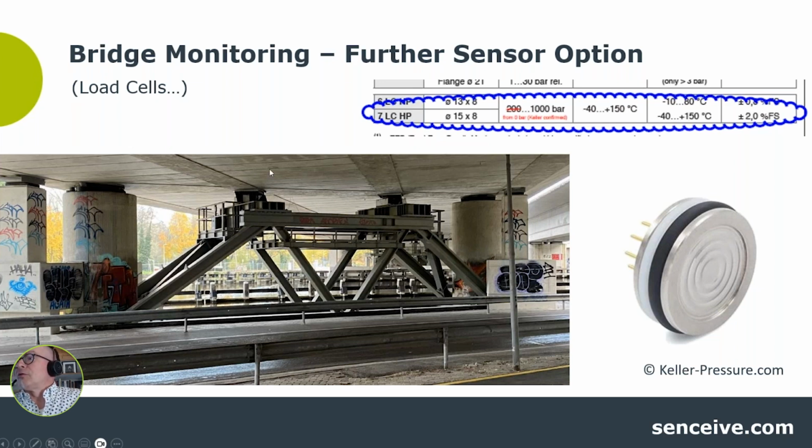So there's a certain signal when the bridge comes down, where you would see an increase of pressure. These are load cells, for example, that go up to 1,000 bar, relatively small by installation. These are millimeter values, so 15 by 8 millimeters is the size of this thing. And so this could also be used for earthworks for this kind of structure.